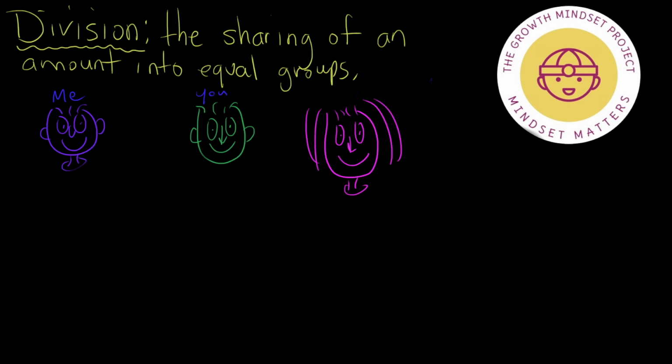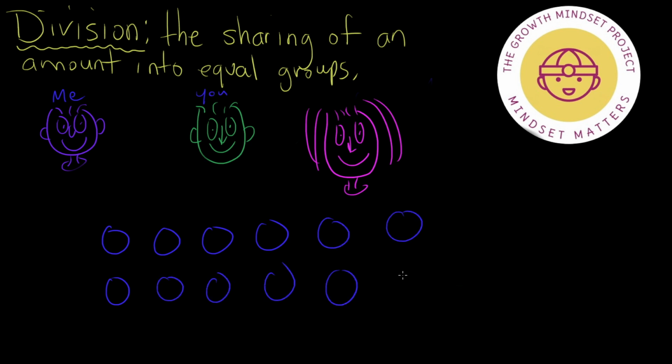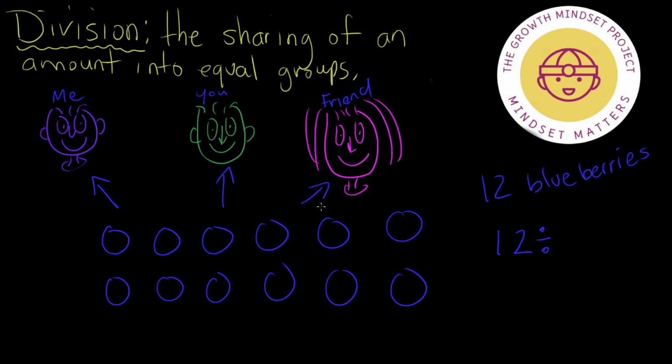And we went and picked 12 blueberries. 1, 2, 3, 4, 5, 6, 7, 8, 9, 10, 11, 12. We have 12 blueberries, and we want to divide that now between how many people? Well, there's me, there's you, and here's a friend. So we are now dividing this between 3 people.